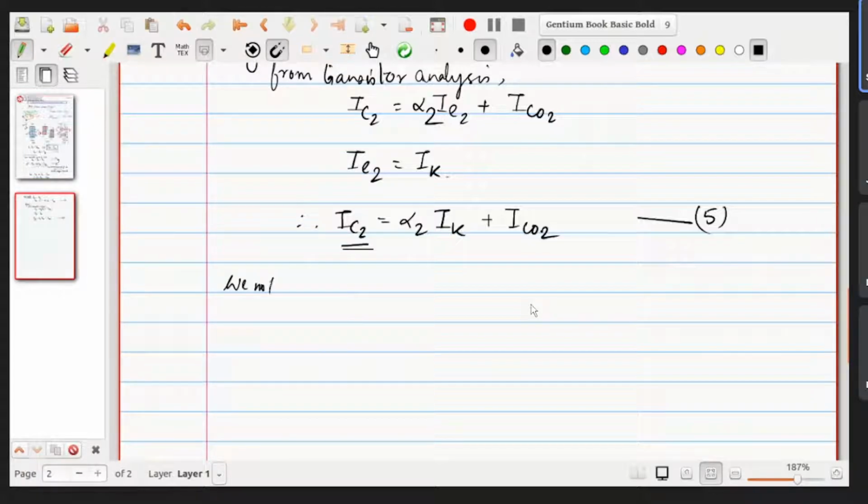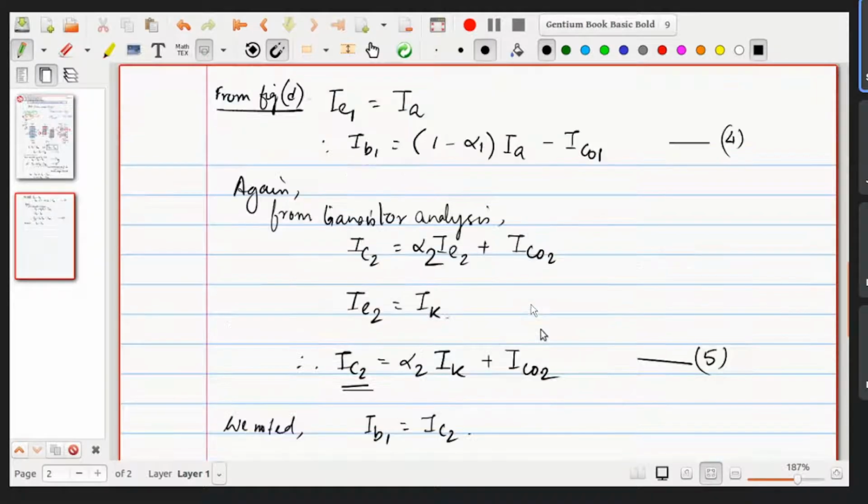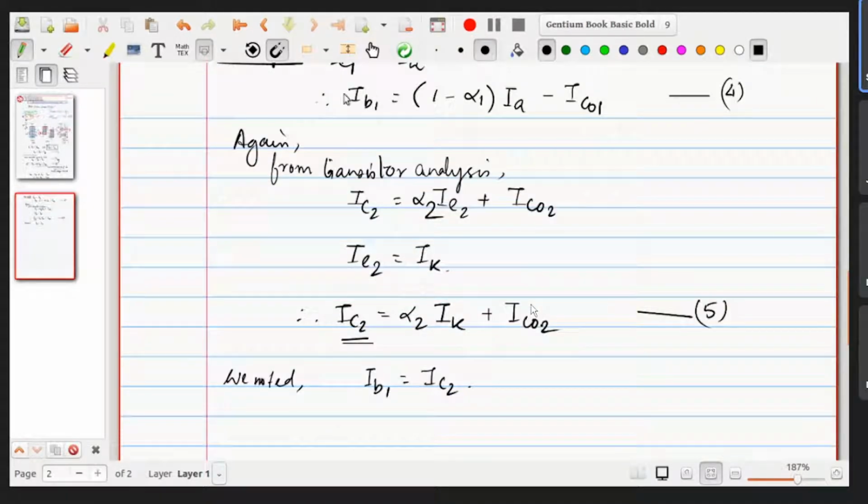We noted IB1 is equal to IC2. Now over here, if we put the values now, see IB1, this entire part if we now try to put, substituting equation 4 and 5, what was IB1? IB1 was (1 minus alpha 1) IA minus ICO1 equals to, what is IC2?